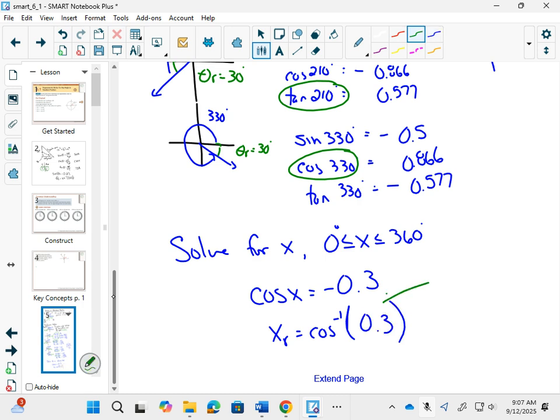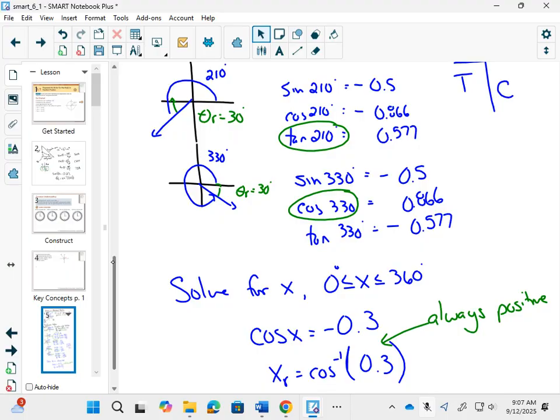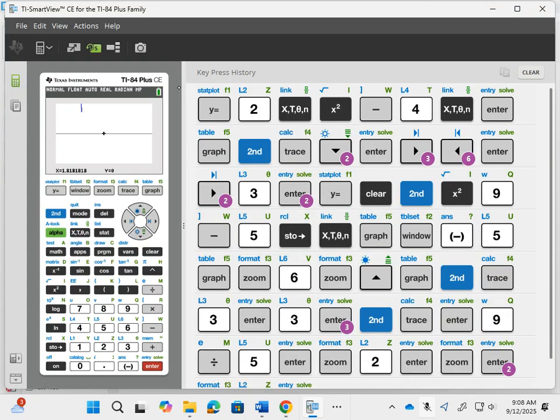And when we find the reference angle, this is a review again of grade 11. Because reference angles are always positive, and the reference angle for any answer is going to be the exact same number. When we find a reference angle, we always plug in the positive value. That'll take us to quadrant 1. So I go to my calculator, and I've got a calculator built in here somewhere. I'll open it up. There we go.